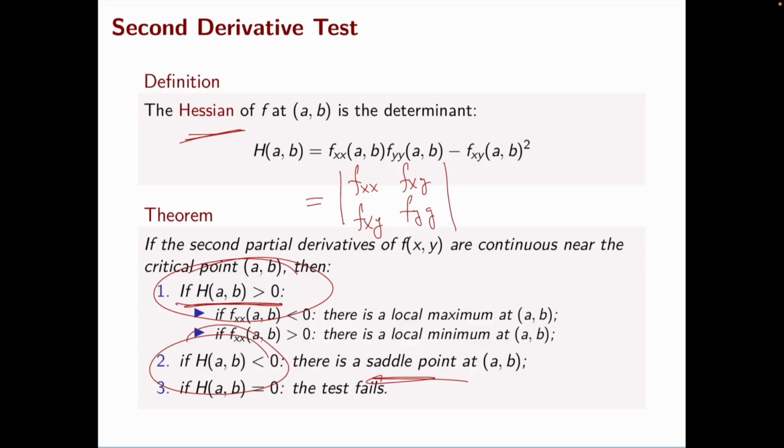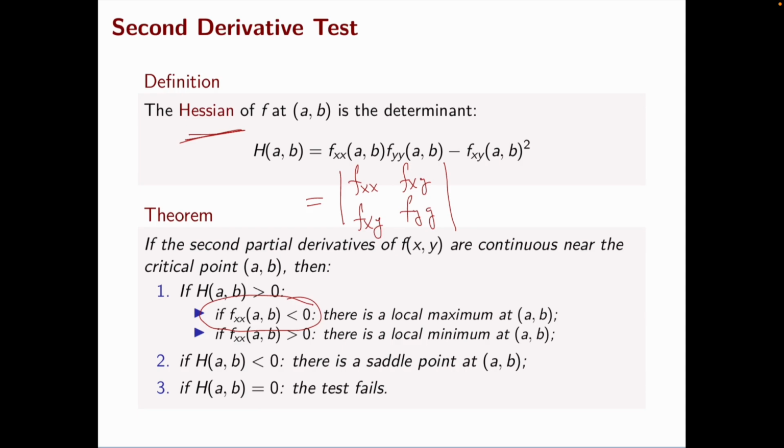And in case that the Hessian is positive, I mean, in case that we have extrema, moreover, we can decide if this extremum is actually a maximum or a minimum. And the way to decide is to look at something further. We have to look now at the sign of the second derivative with respect to x.